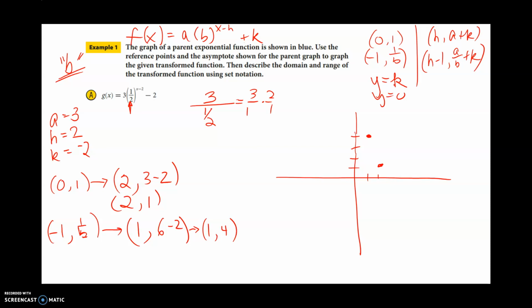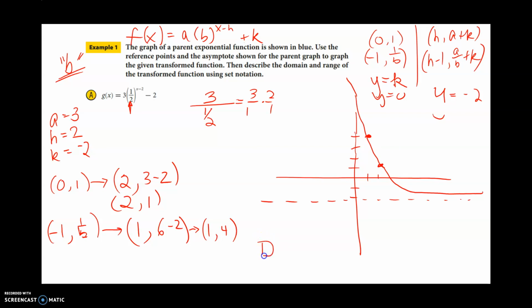Okay, remember our y equals k, y equals negative 2, is our asymptote, isn't it? This is our asymptote. So this thing actually comes and does this and does that. So these two points were good. That's good.